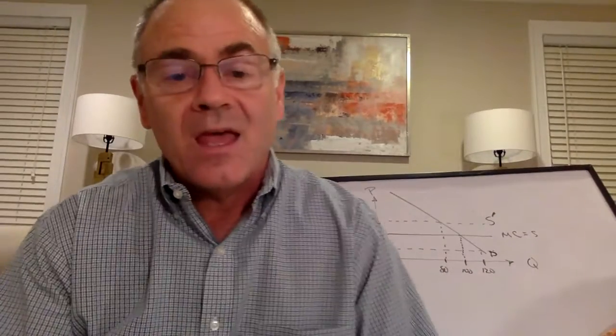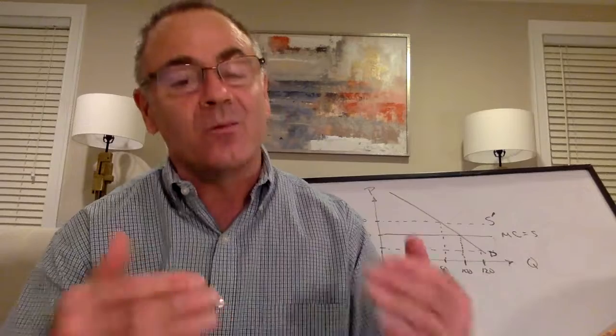And this is common. This is one of the classic problems. If you have an externality and you know the social cost of that externality, and the government just charges a tax equal to that social cost, you'll get the socially optimal amount.